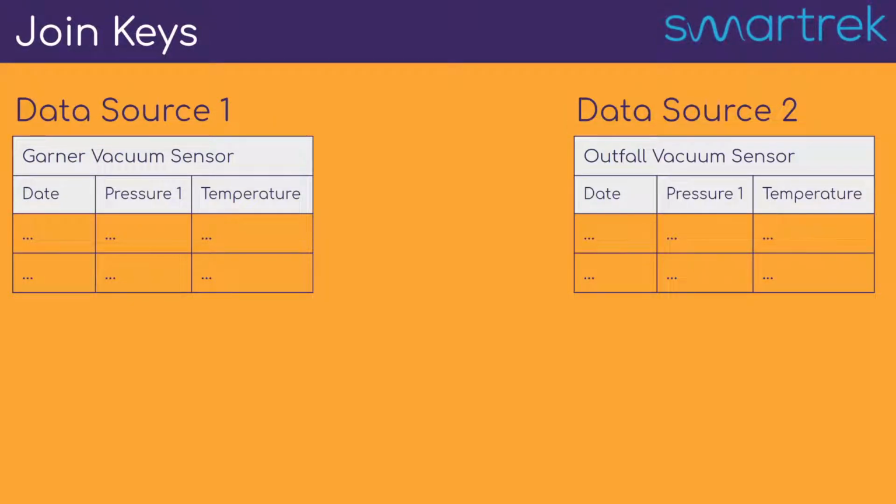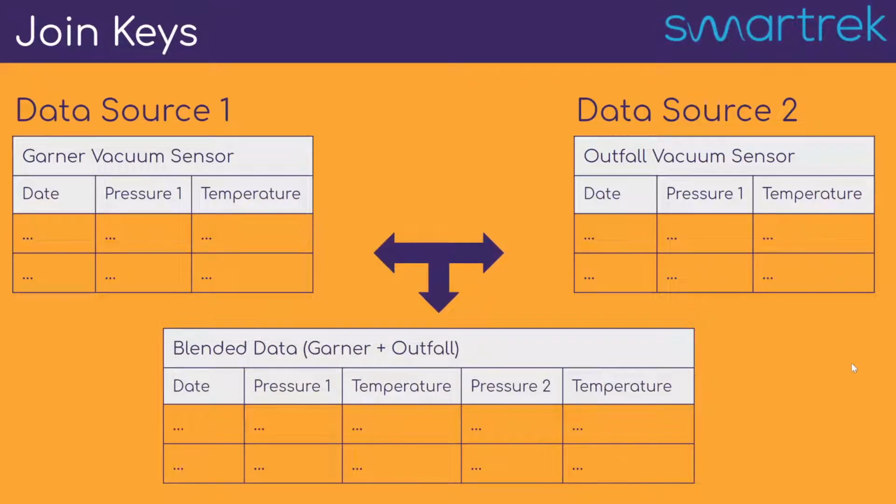Data source 1 has a date column, a pressure 1 column, and a temperature column. The same goes for data source 2. And what we wanted to do was to have both pressure 1 from data source 1 and pressure 1 from data source 2 as two different series but on the same graph.